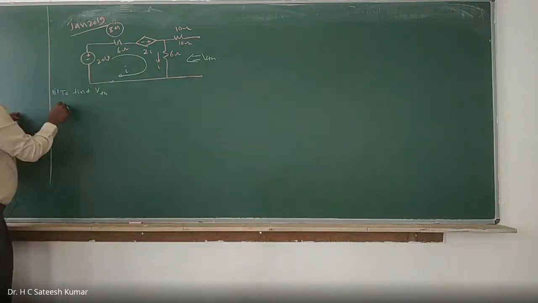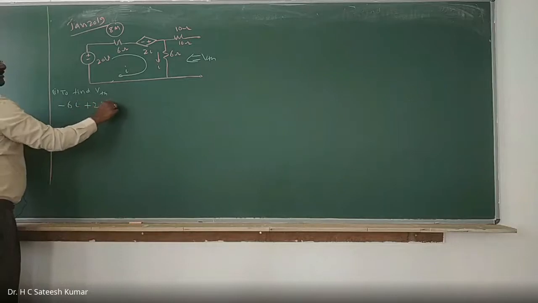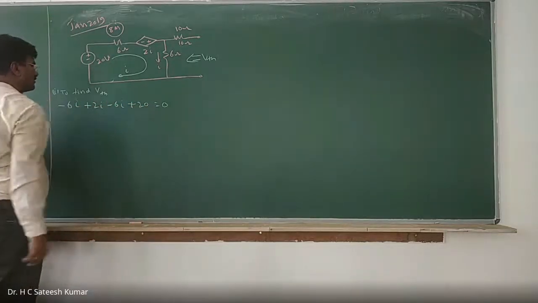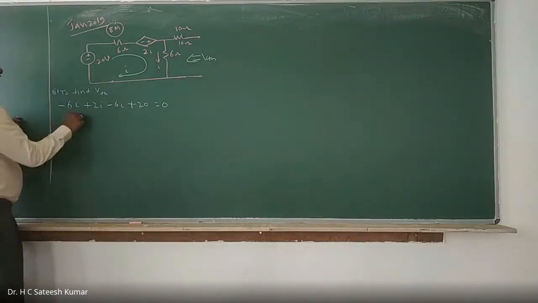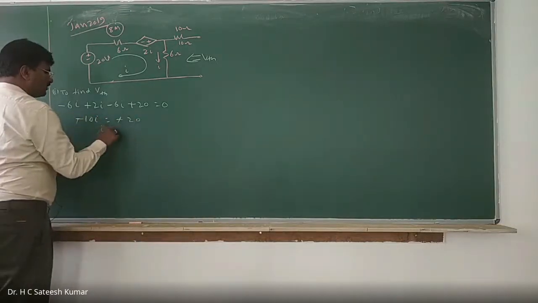Therefore, we can write it as minus 6I plus 2I minus 6I plus 20 is equal to 0. Okay, right. Minus 12I plus 2I minus 10I is equal to minus 20. I is equal to 2 amps.